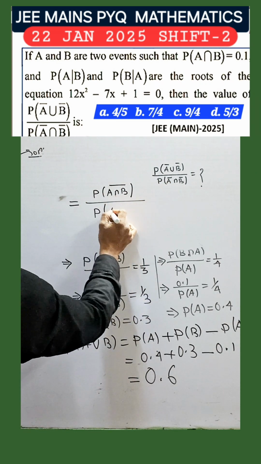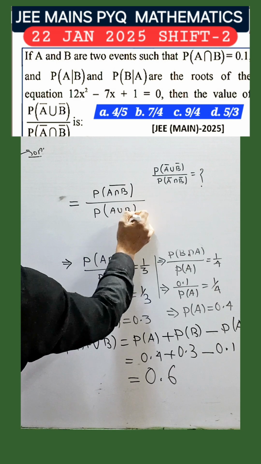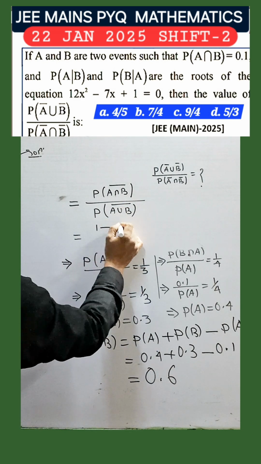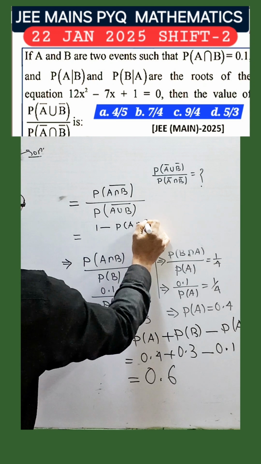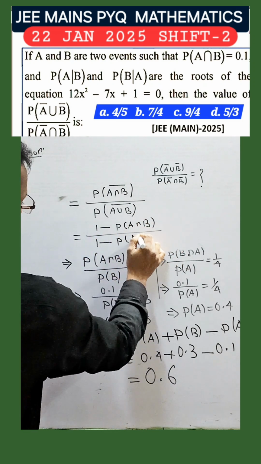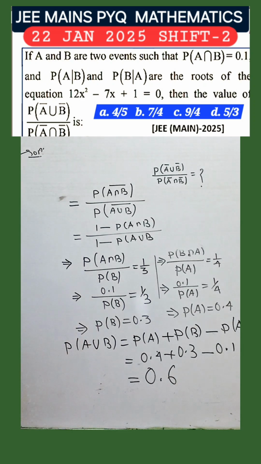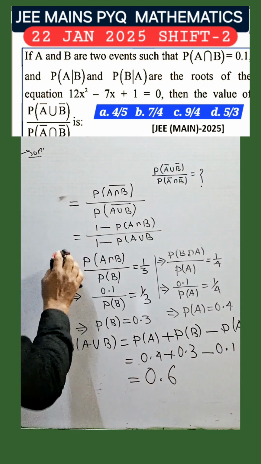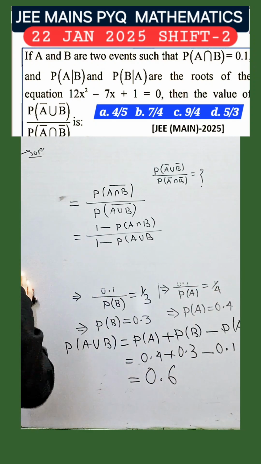It is the complement of A intersection B, and it is nothing but 1 minus the probability of A intersection B, divided by 1 minus the probability of A union B, and that's why we had calculated the probability of A union B here.